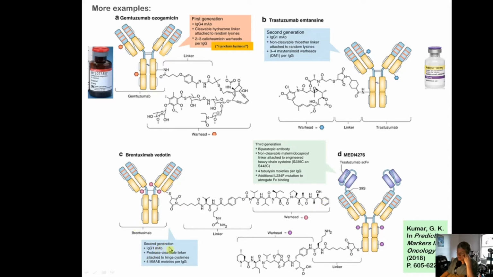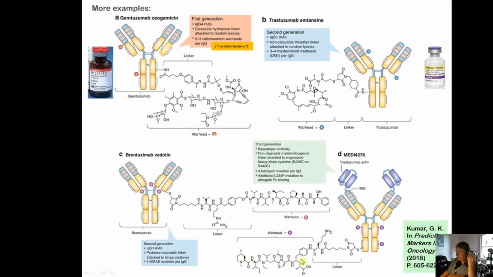This is considered a second generation one. It's a protease cleavable linker, and it's attached to histidines on the antibody. And there's 4 of these cytotoxic molecules per antibody. And then there's another one. This is a third generation one. This is actually more closely related to what we'll be talking about later.